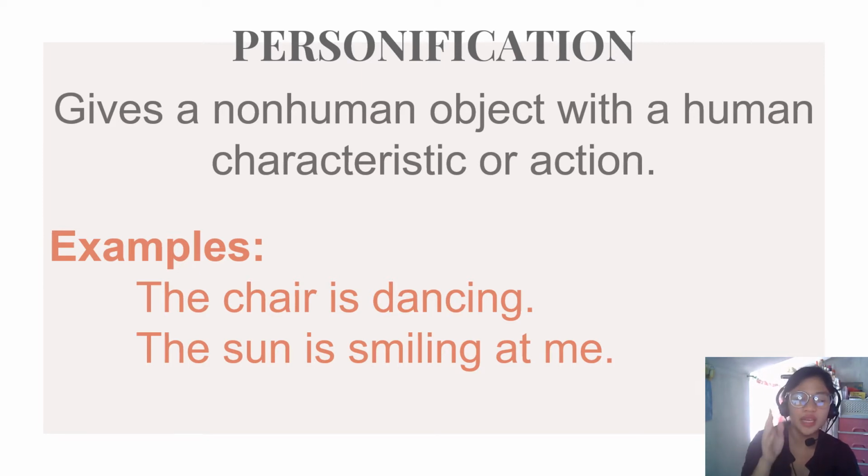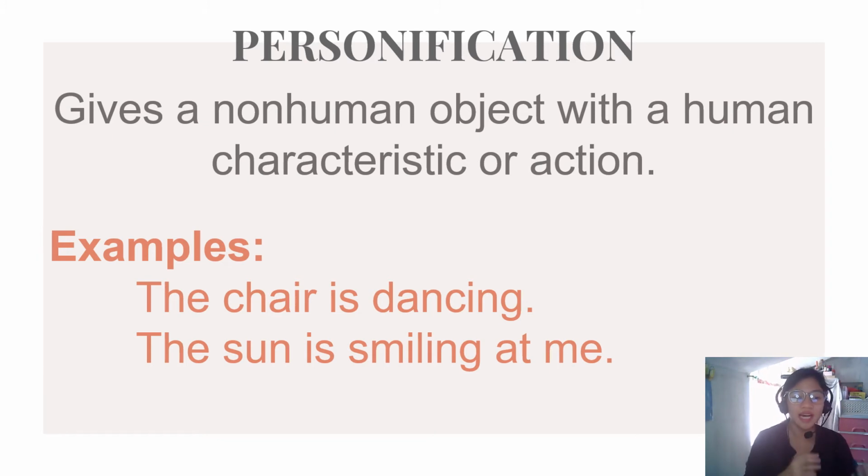So it is called personification because we are giving a human attribute to the non-human object. The characteristic of a person, which is dancing, is being used on the chair. That is what we call personification, because we are making it alive.